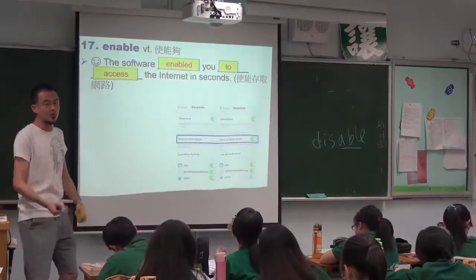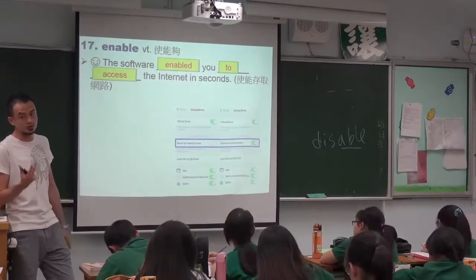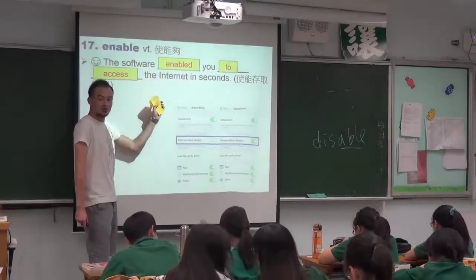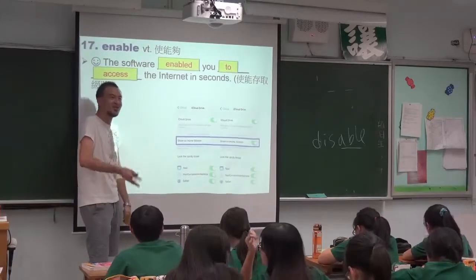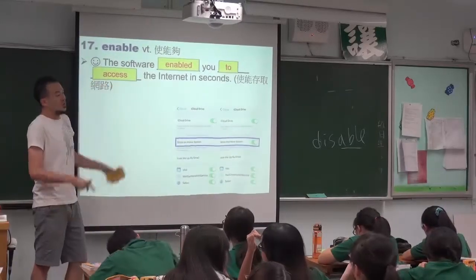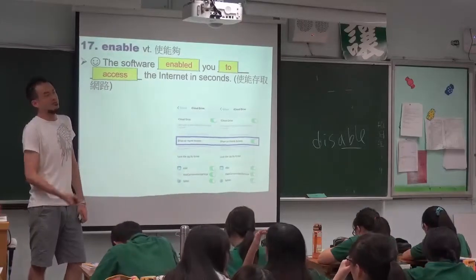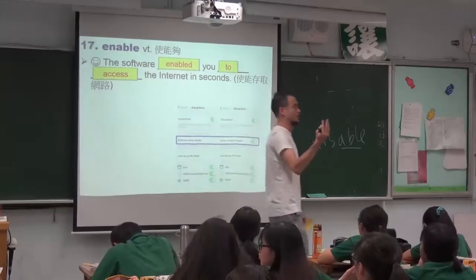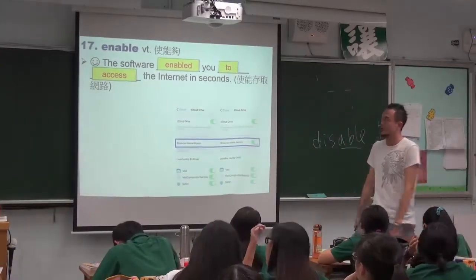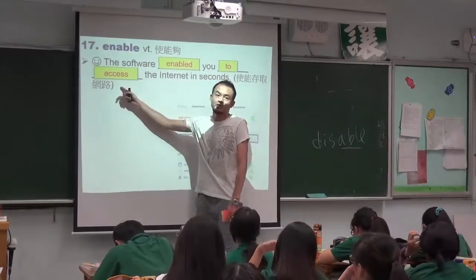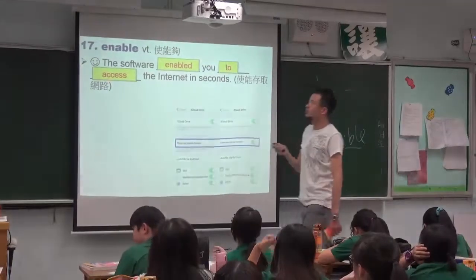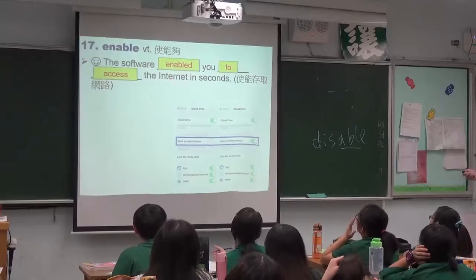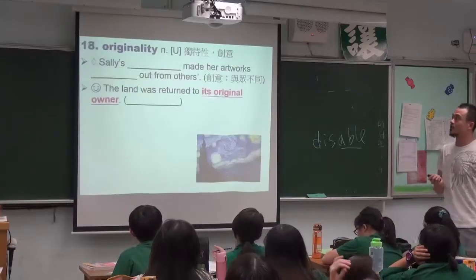If you use it as a noun, it means the right to use something. As a verb, you can say we can access the internet on the campus of TFG because we have signal all over the school. If you say you can access the internet, you mean you can use the internet. It's easy. Please read the sentence once again. The software enables you to access the internet in seconds. Yeah, thank you.